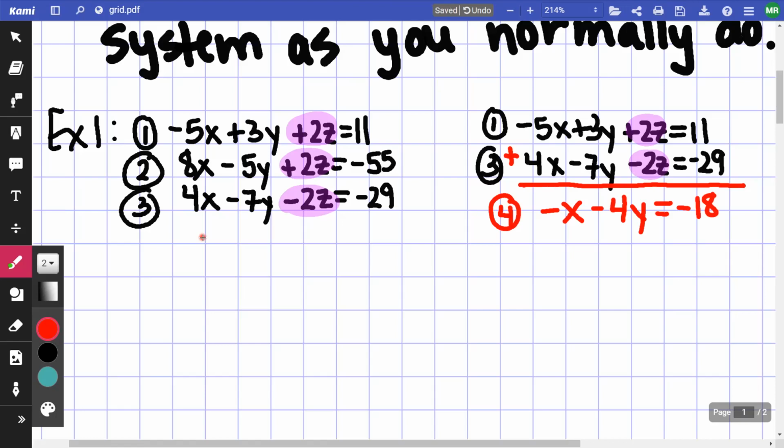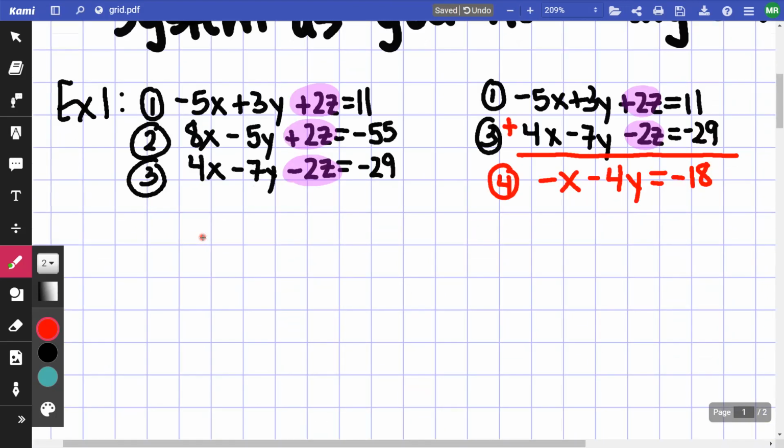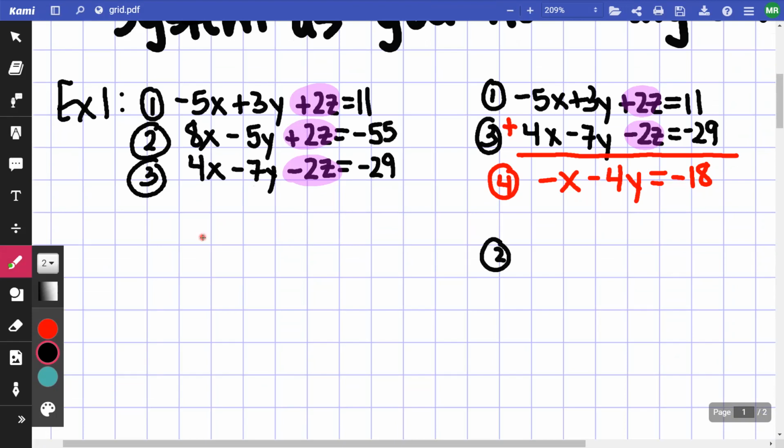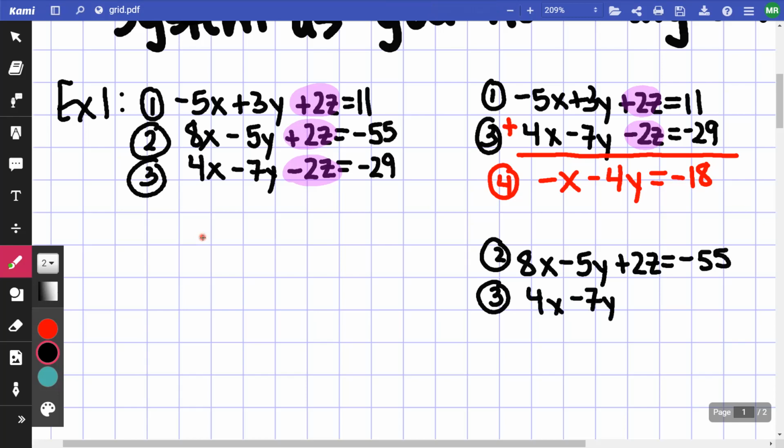Okay. Now, the next thing I'm going to do is take equation 2 because I haven't used equation 2. I'm going to use it with 3 again, because that's the easiest way to eliminate my z's. So I'm going to have 8x minus 5y plus 2z is equal to negative 55, and 4x minus 7y minus 2z is equal to negative 29.